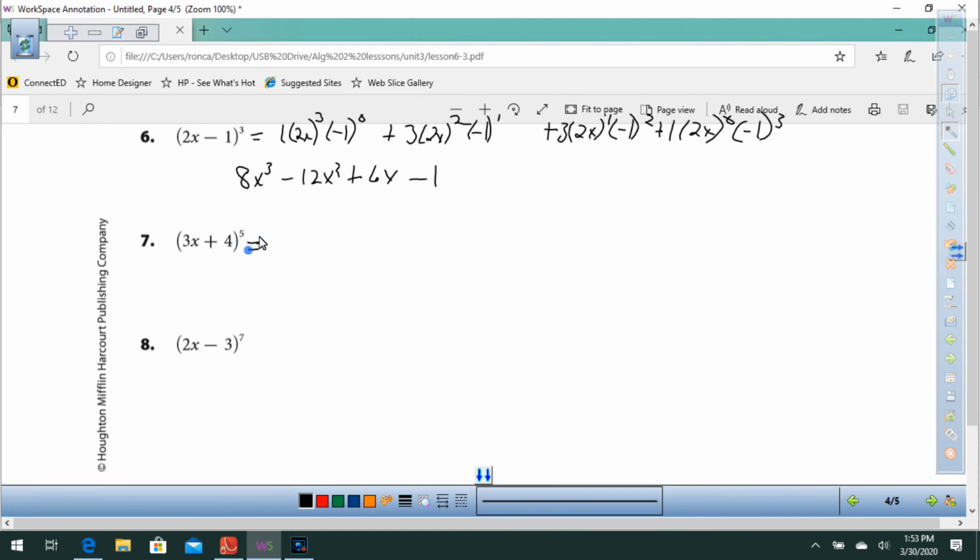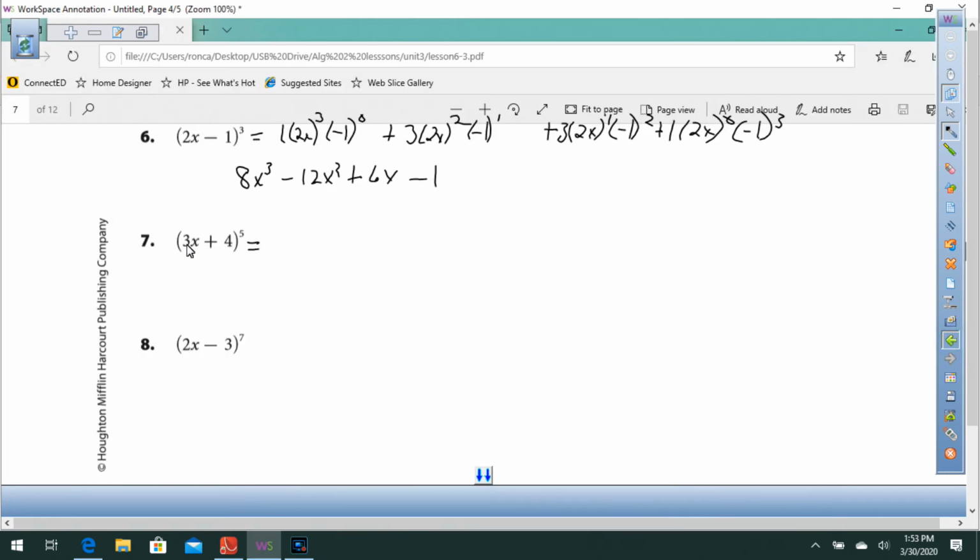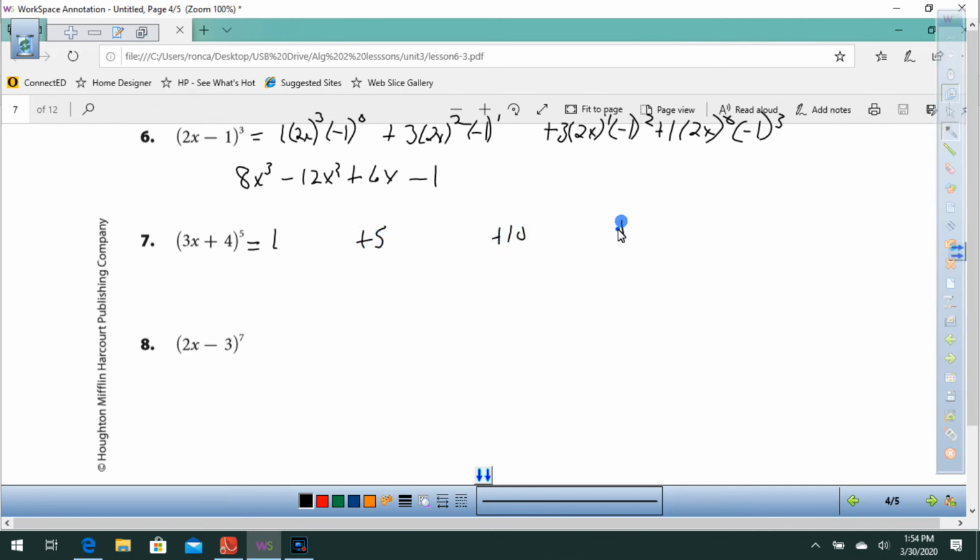Let's try number 7. We got to the 5th power, right? So we got 1, 5, 10, 10, 5, 1. 1 plus 5 plus 10 plus 10 plus 5 plus 1.